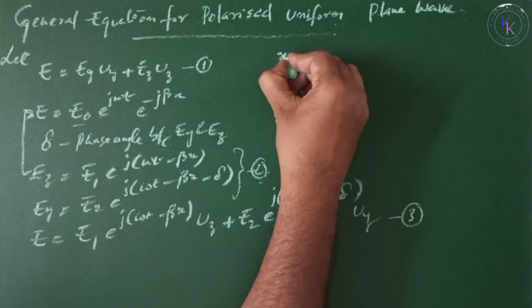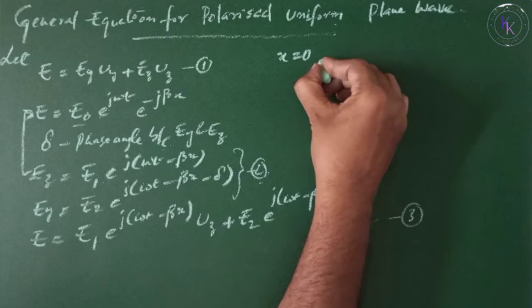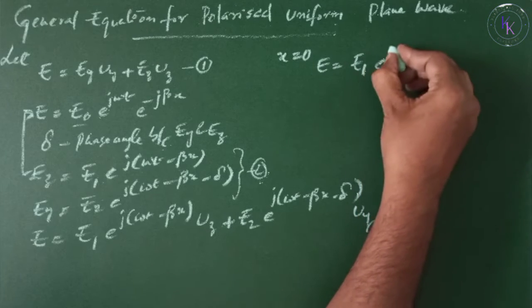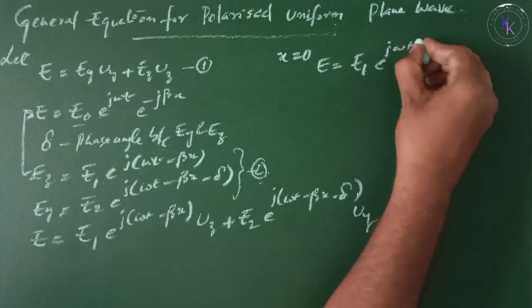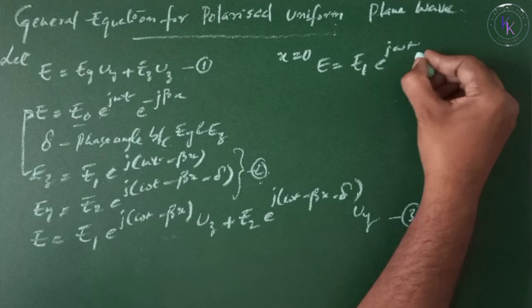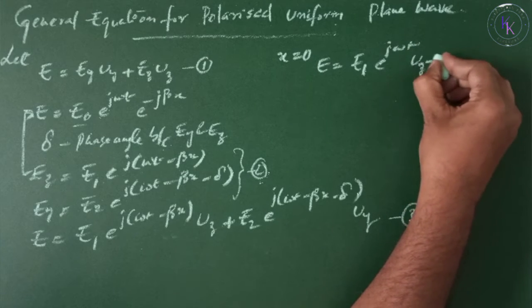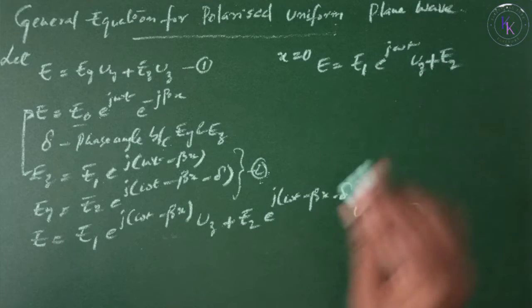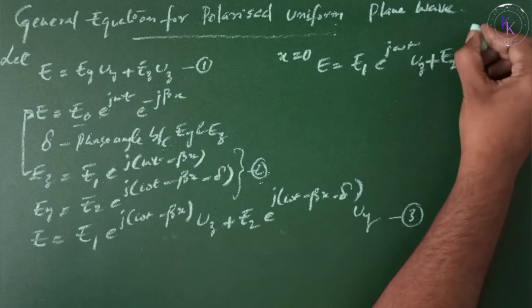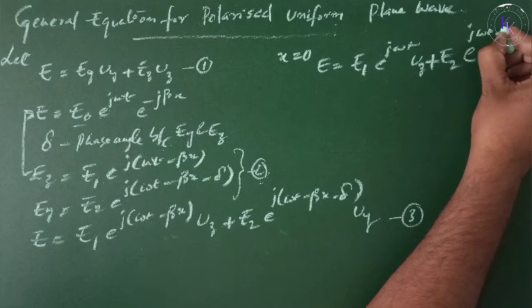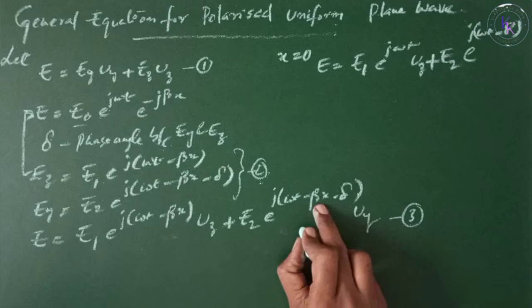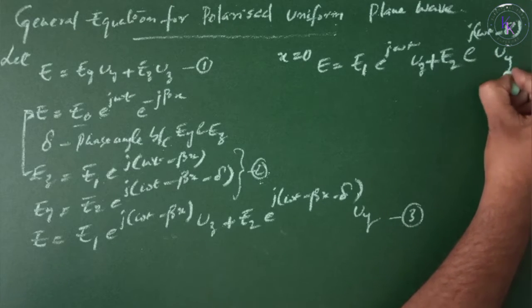So if x equals 0, E equals E1 e to the power of j omega t uz, since x is 0 this term is 0, plus E2 e to the power of j omega t minus delta, beta x is 0, along uy.